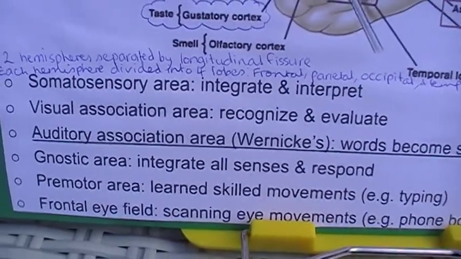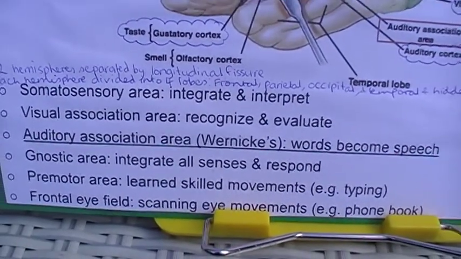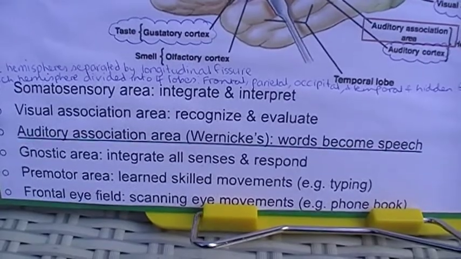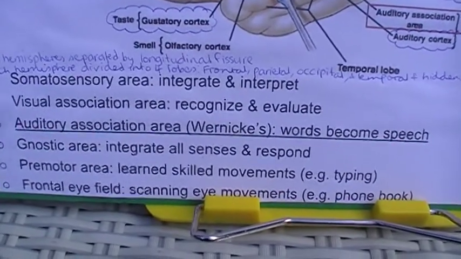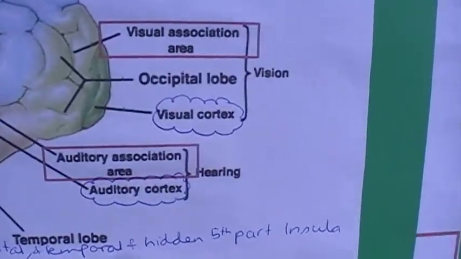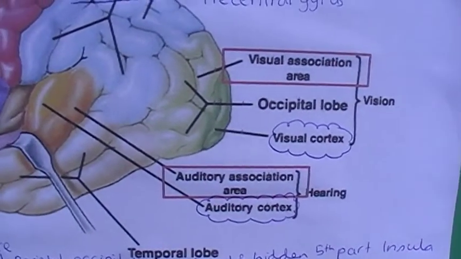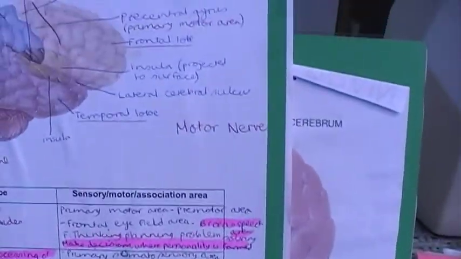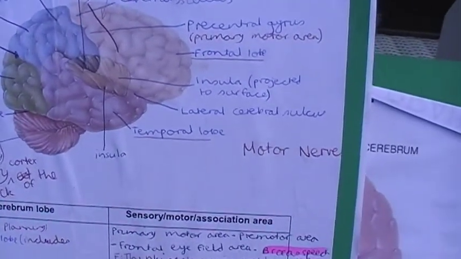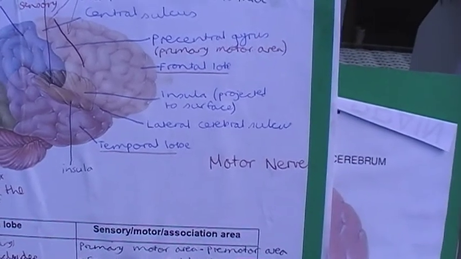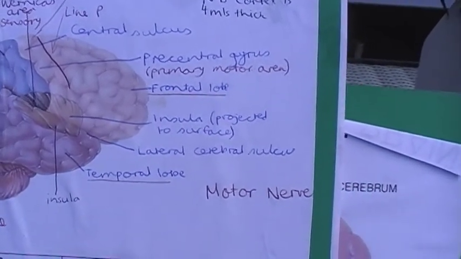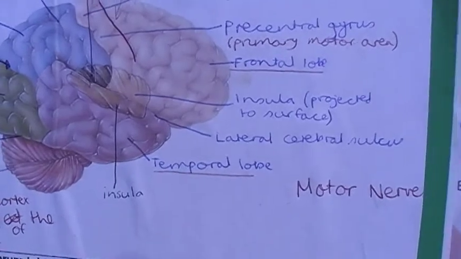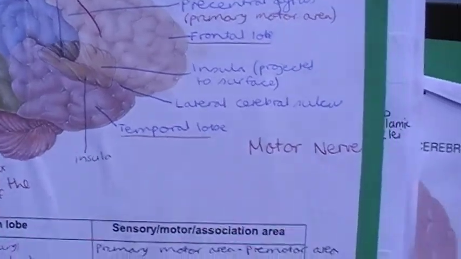The auditory association area is where words become speech. Wernicke's area. And that's in the temporal lobe, which is the making sense of auditory information.